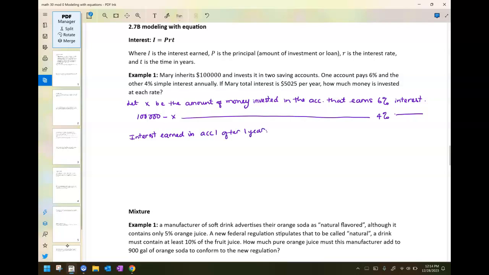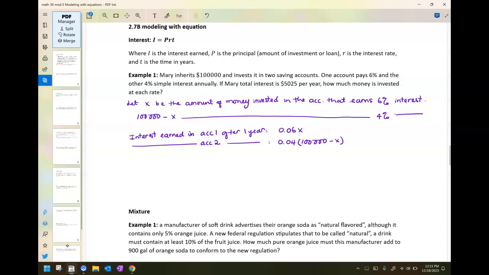The interest earned is equal to the interest rate times the amount of money invested in that account. Then the interest earned in account number 2 after 1 year is equal to the interest rate times the amount of money invested in that account.